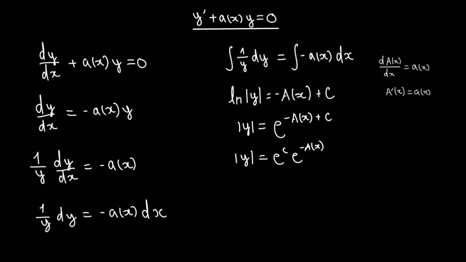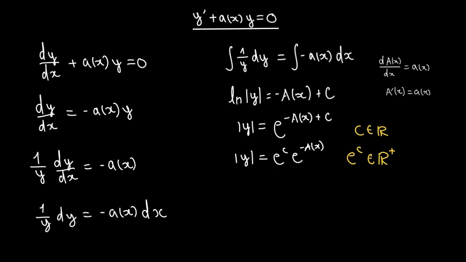Now c can be any real number, of course. And furthermore, this means that e to the c is also a constant, but it's a positive constant. And that's what we have to remember. So we can call e to the c a positive constant, so I'll denote it with the R plus notation.